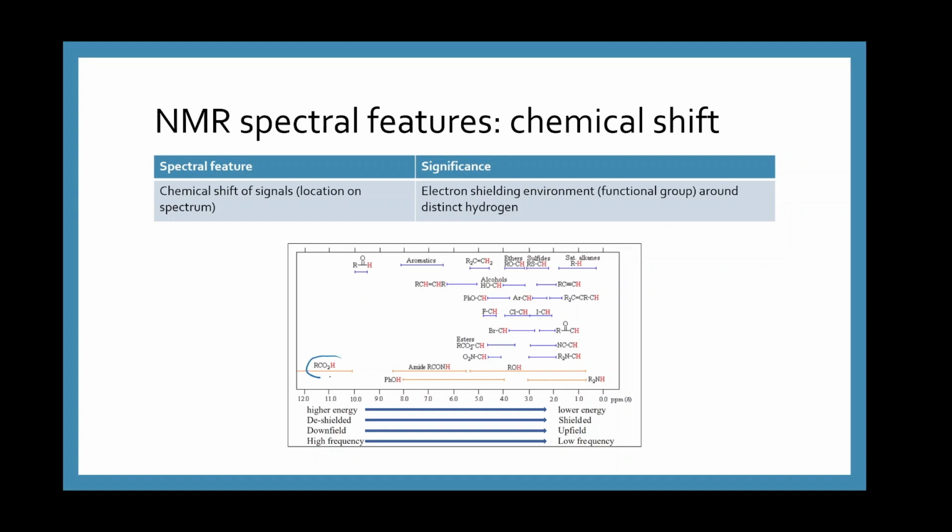Carboxylic acids are all the way over here. So they have really high ppm. They're downfield. Notice aldehydes are right here, aromatics. So as needed, you can use this to identify what functional group might be present in the molecule based on the NMR spectrum.